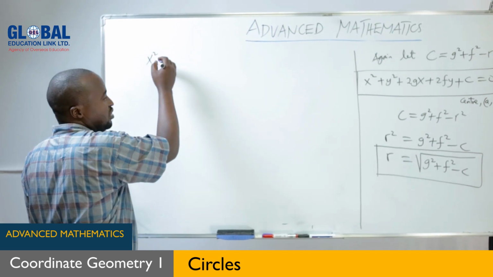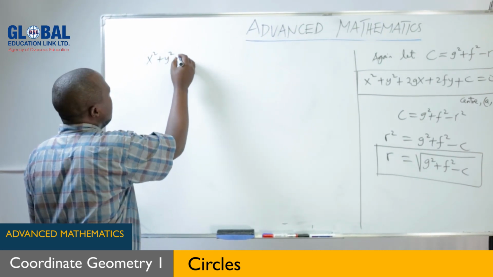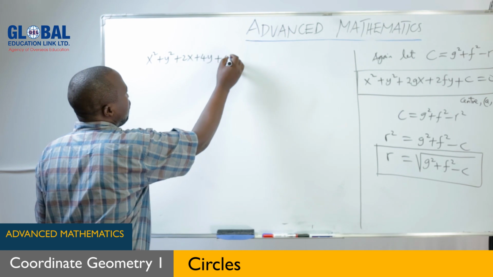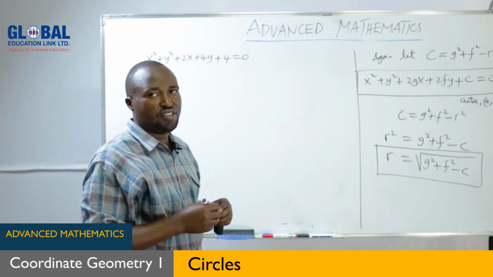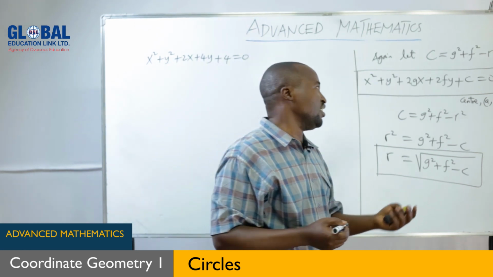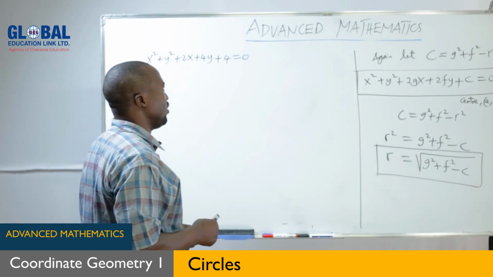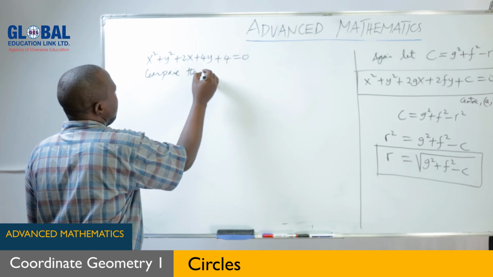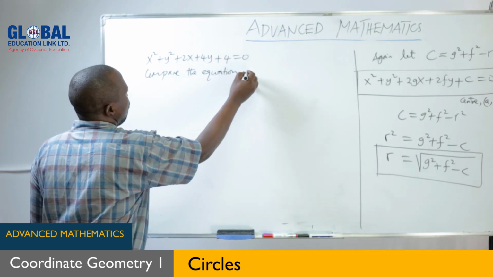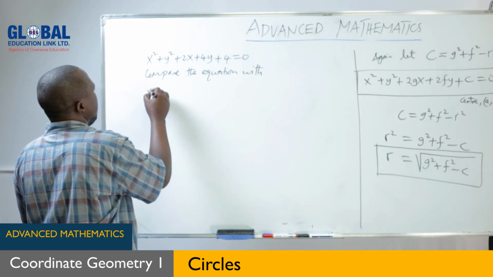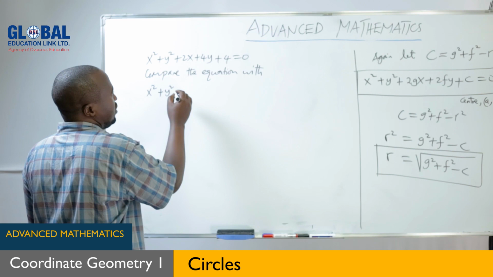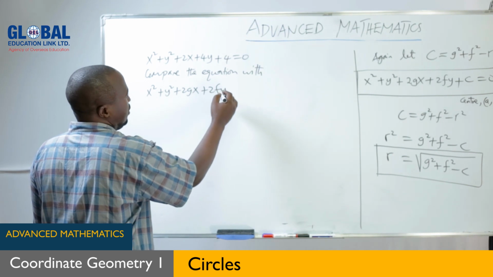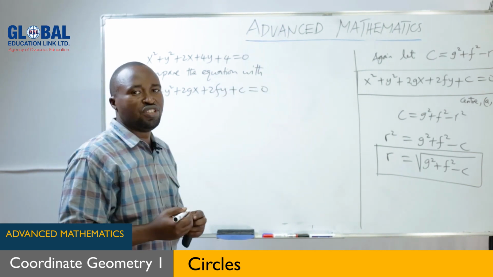So we can compare the given equation with our general equation: x squared plus y squared plus 2gx plus 2fy plus c is equal to 0.